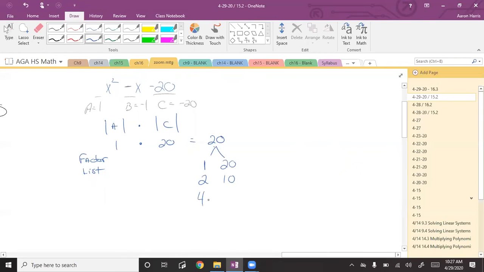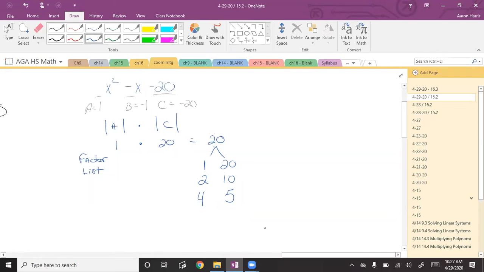Yeah. 4 times what? 5. Good. And am I done? I would go to 5 next, but where's 5? It's already on the right side, so I don't want duplicates. So I am officially done.